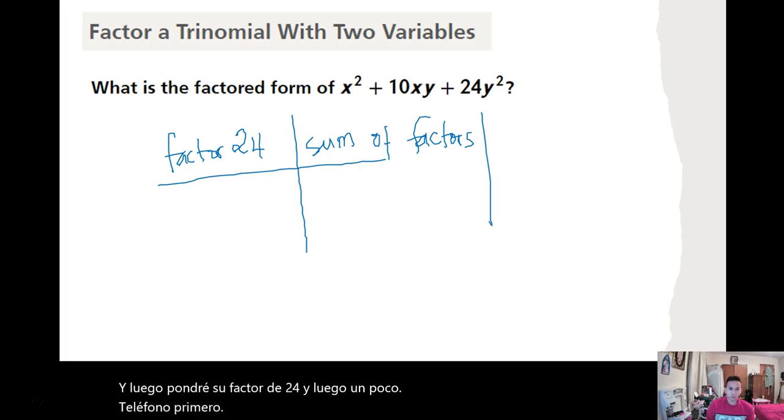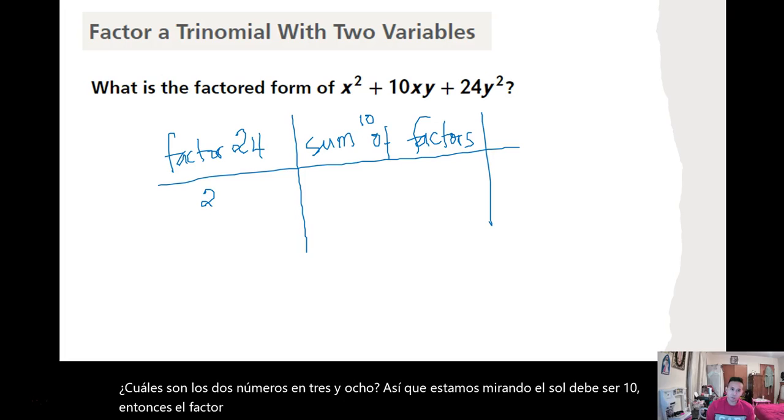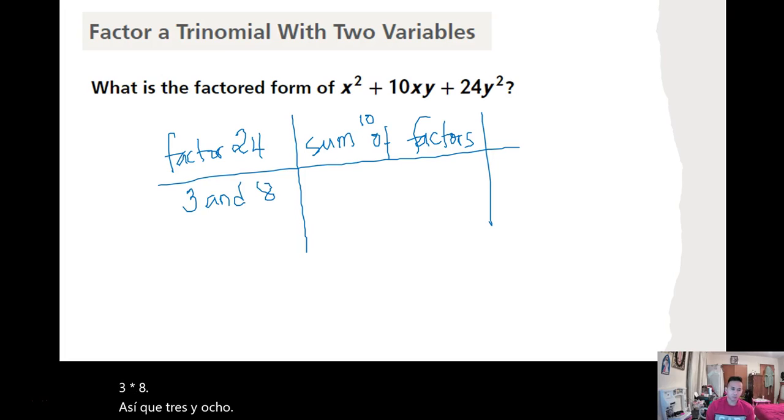So what are the two numbers? The sum must be 10, and the product is 24. 3 times 8 would give us 24, and 2 times 12 also. But 3 and 8 sum to 11.